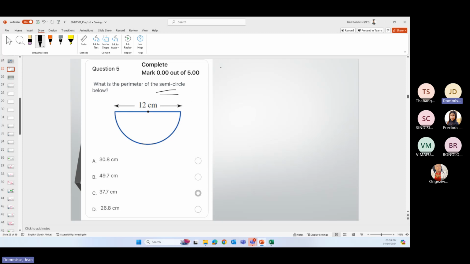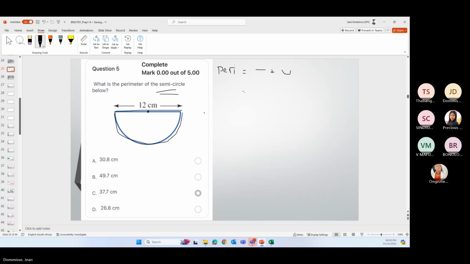So the perimeter is everything. So that piece plus that half circle piece. So very important, the perimeter is both of them.